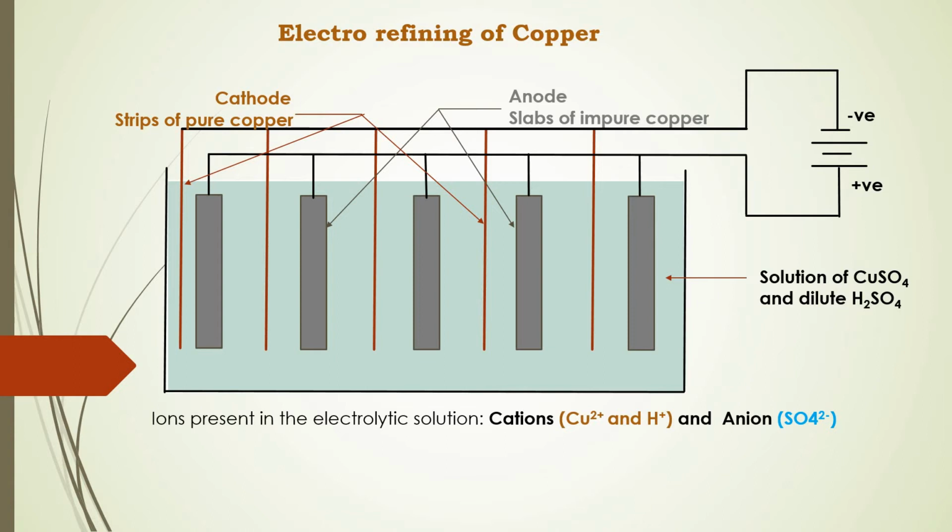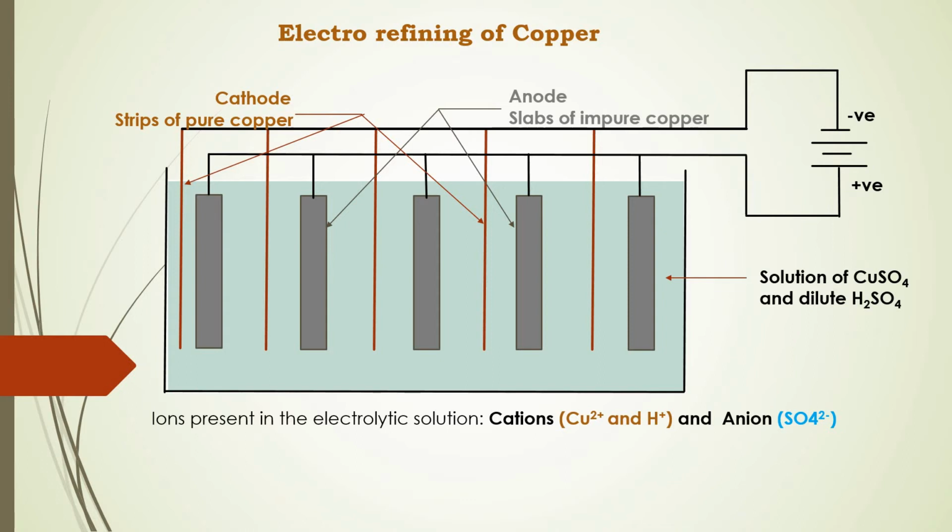So over here, copper readily gets discharged at the cathode instead of hydrogen. And this is why we take dilute sulfuric acid and a copper sulfate solution.